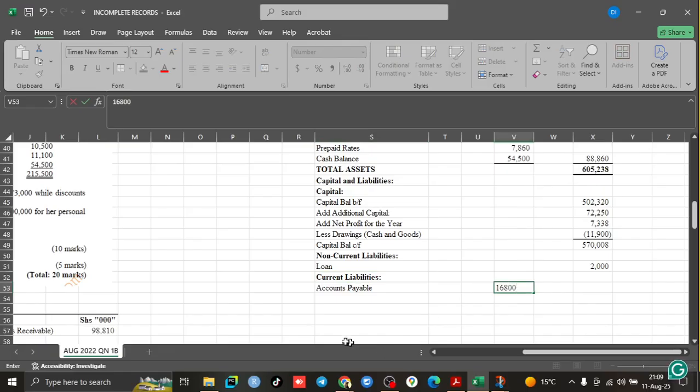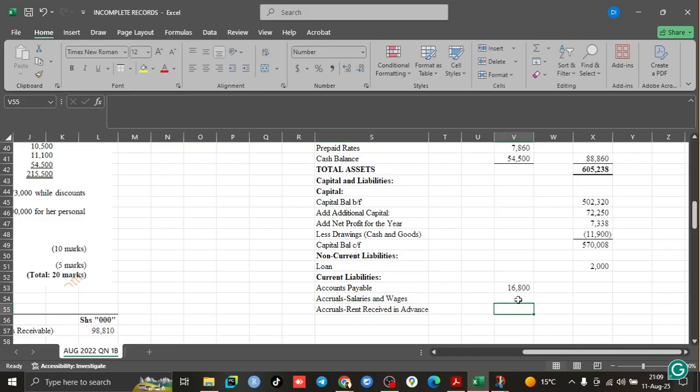Also there are accruals, like salaries and wages, and also rent received in advance. I know it's a bit challenging, but you are the one who received rent in advance, not the one who paid in advance. So to you it's a liability, to them it's an asset. That's why it is here.